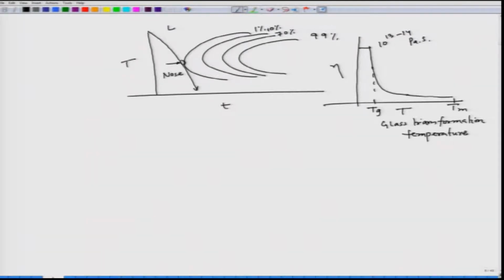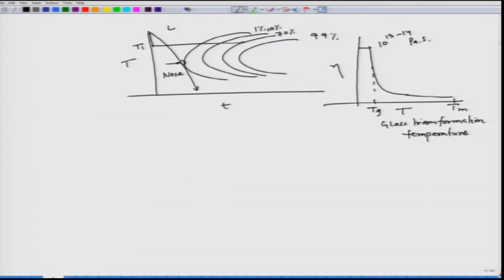And now if we follow different heat treatment processes, for example, let us say I want to have only 70% solid phase and the rest of the phase should be liquid, since glass is also a vitrified liquid. So, for example, at this temperature T1, if we cool it down very quickly and then hold it at this level.